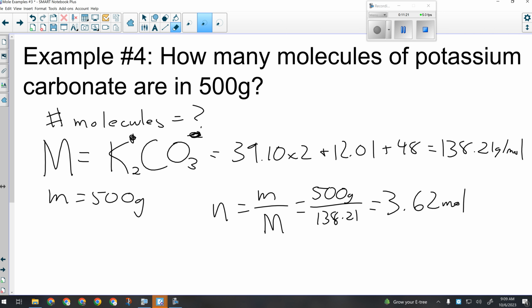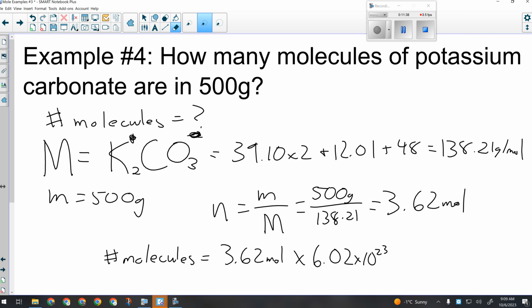Okay, so the number of molecules will equal the number of moles, 3.62 moles, multiplied by 6.02 times 10 to the 23, and the units for that are essentially molecules per mole.